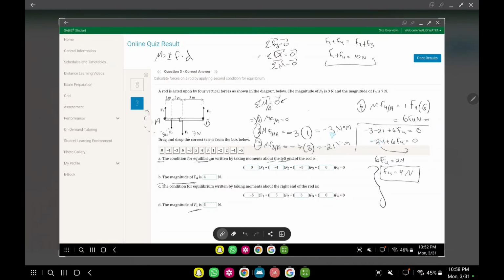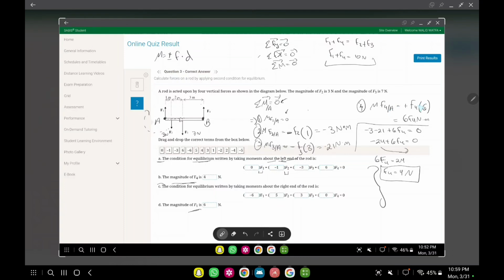They want you to find all the moments. For F1, it's obviously 0, we said it. For F2 around A, it's minus 3, where F2 is the force. They're saying in terms of the forces, so if I were to write this in terms of the forces, I wouldn't write 3 or 7, I would write F2, F3.